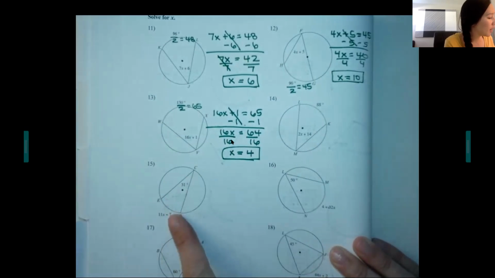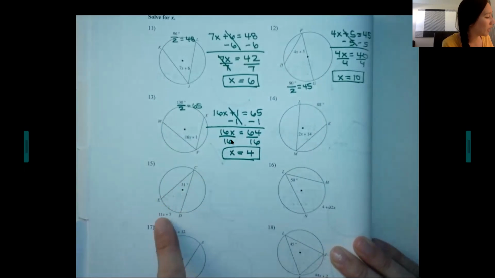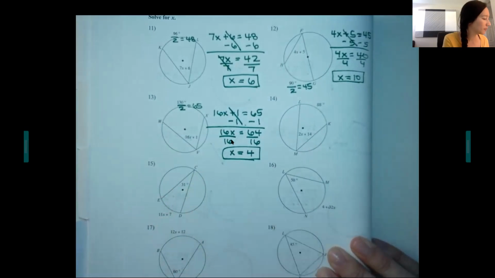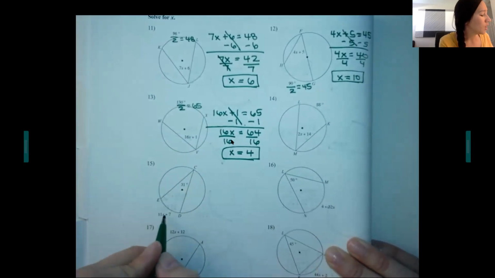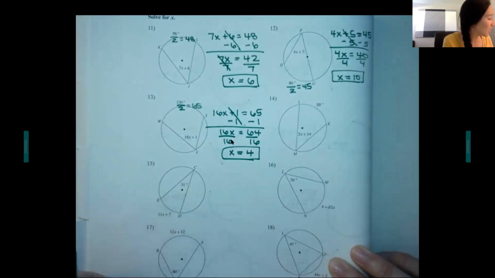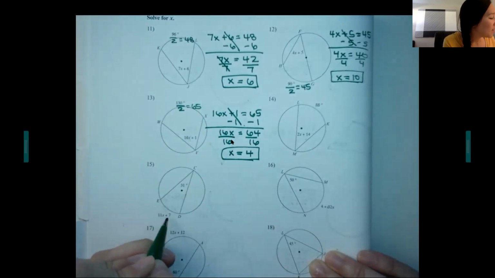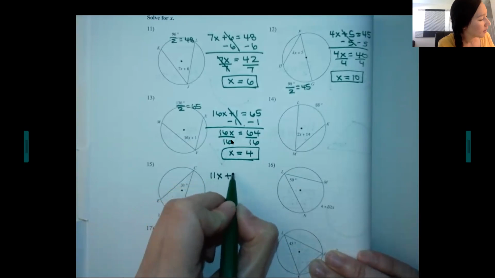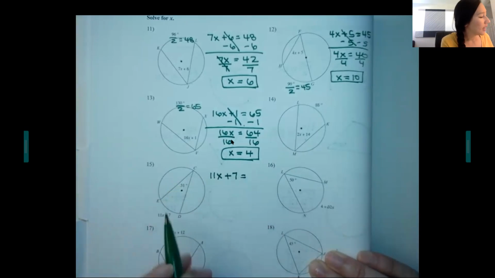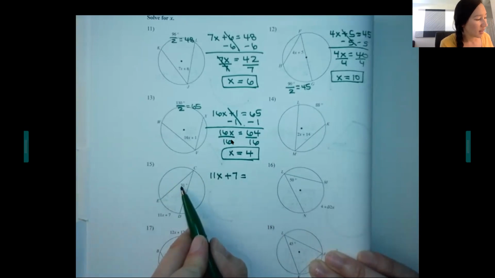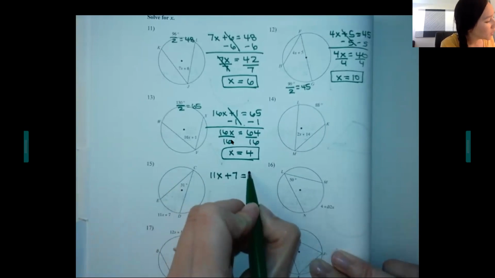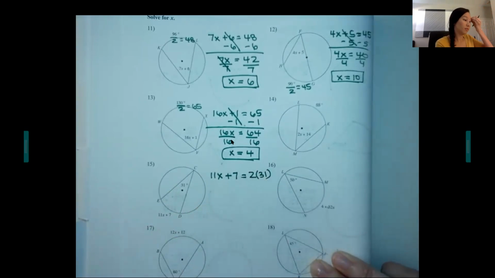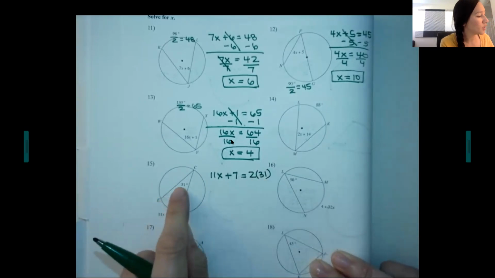Because this one, they moved. So now our arc is 11x plus 7, and then our angle is 31. So now I'm going to confuse Jade again. 11x plus 7 isn't equal to 31. That's equal to 2 times 31, right? Because we know this arc is 2 times 31.